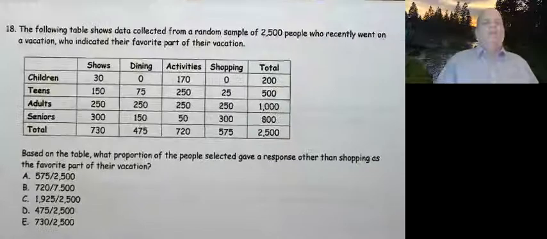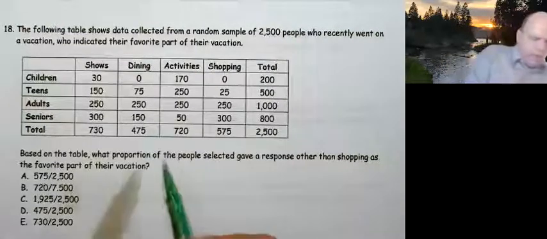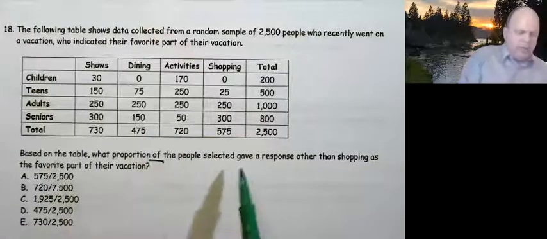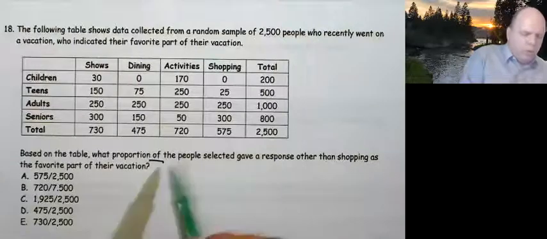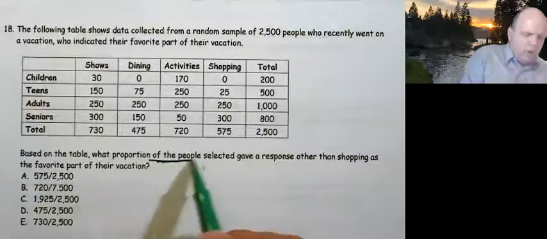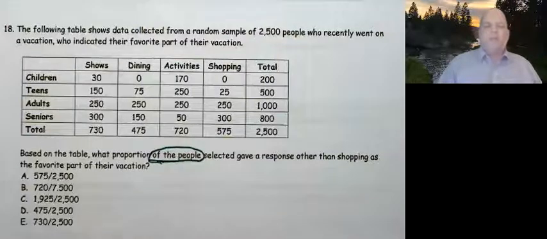The following table shows data collected from a random sample of 2,500 people who recently went on vacation who indicated their favorite part of their vacation. Based on the table, what proportion of, here's that "of" word, of the people selected gave a response other than shopping? Ooh, of the people. They didn't say which people.